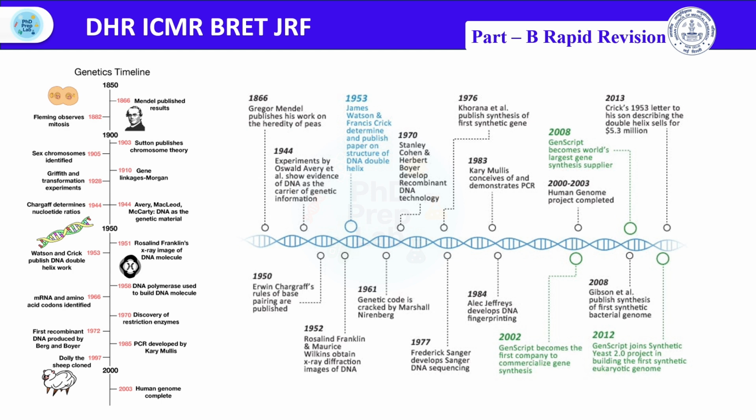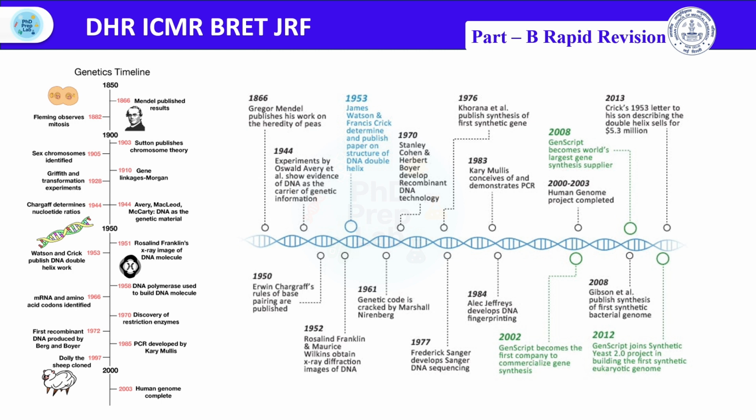Now, 1958, the DNA polymerase was used to build the DNA molecule, and in 1966, mRNA and amino acid codons were identified. Now, in 1970, the discovery of restriction enzymes was done.